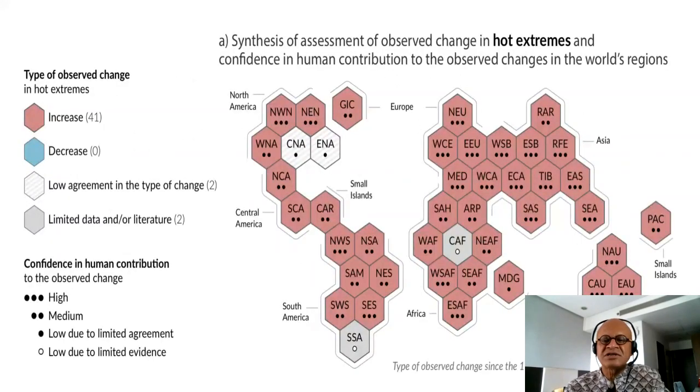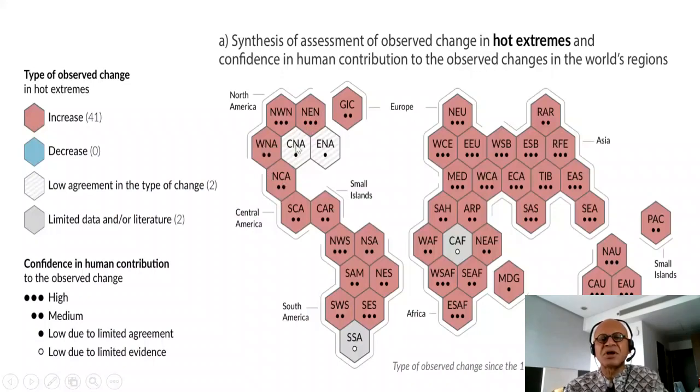So this is a nice synthesis figure, which is done slightly differently than in AR5 in terms of showing observed changes. It is a synthesis of assessment of observed changes in hot extremes and confidence in human contribution to the observed changes in the world's regions. They are split into all these continents and subdivided into different regions within the continent.